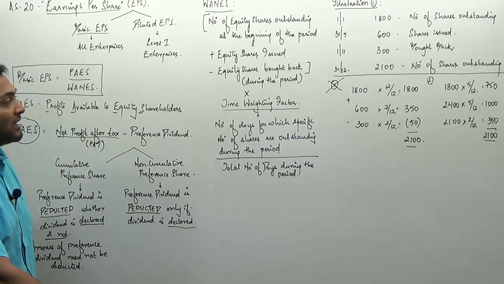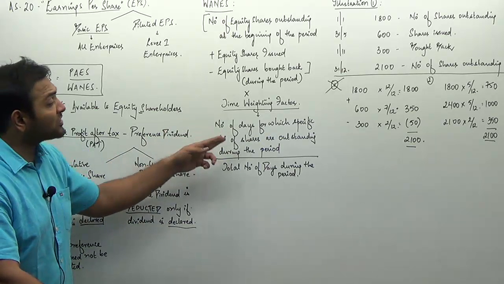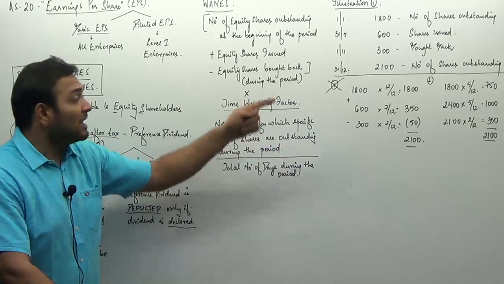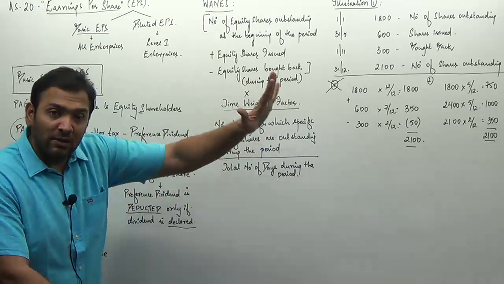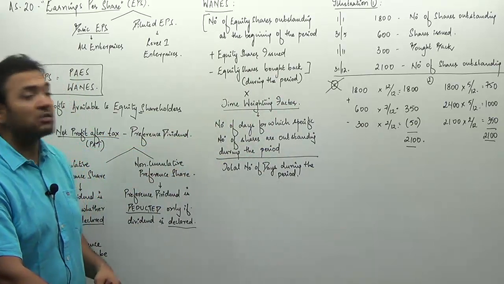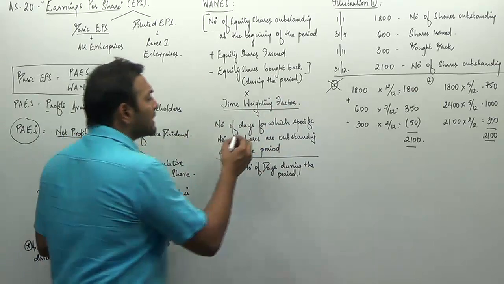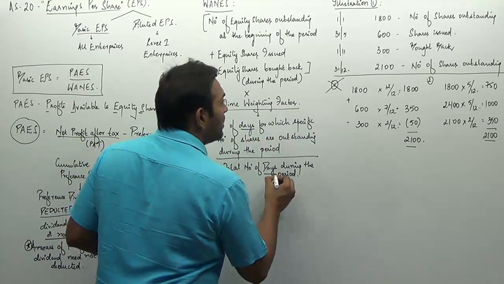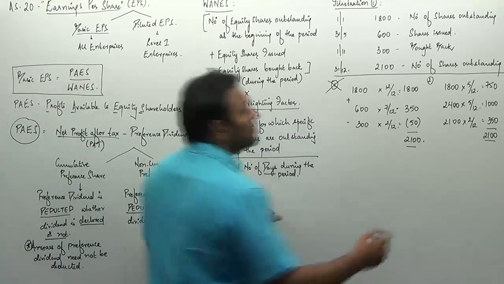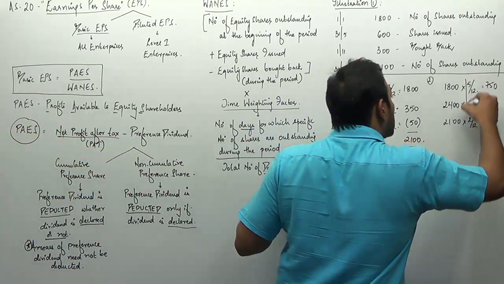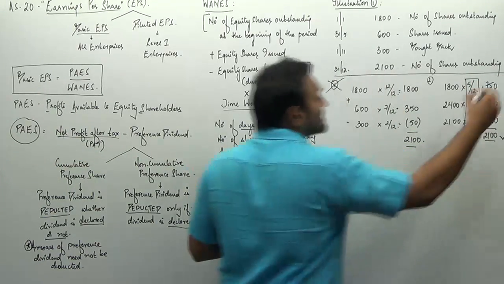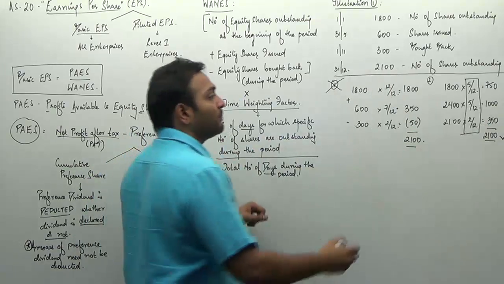I multiplied it with the time weighting factor for the number of days for which the specific number of shares are outstanding during the period. 1800 shares were outstanding for 5 months out of total 12 months, divided by total number of months. Guys, we have been using number of days here, but then I have been using number of months. However, though I am saying that this calculation is not right as per the standard, I'll say that still 2100 is absolutely right.